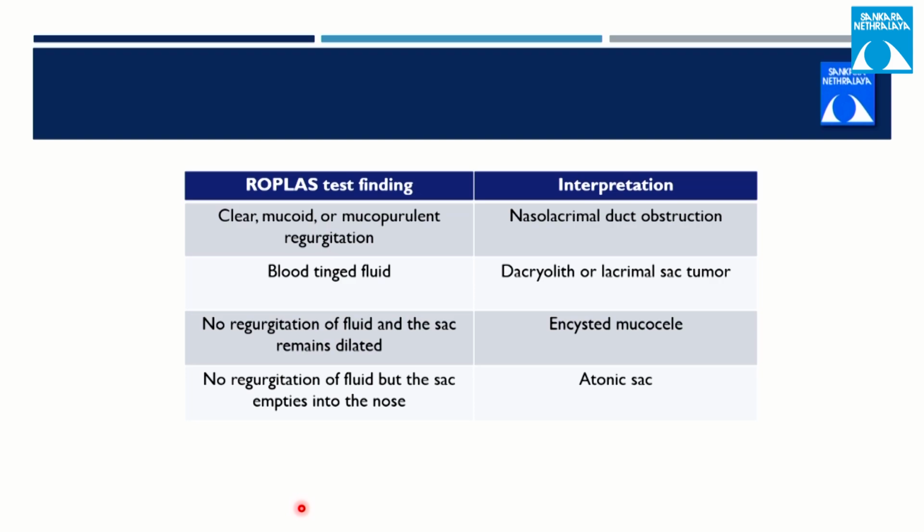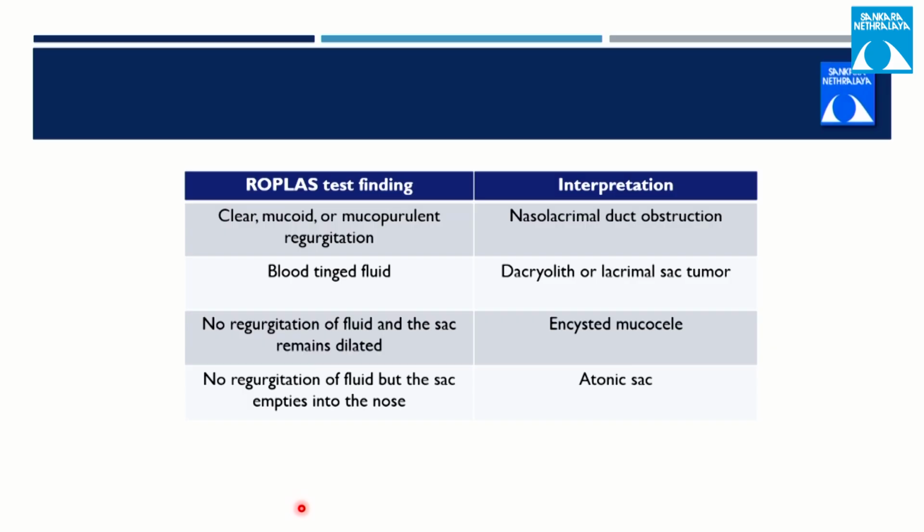But if we get a regurgitation of a blood-tinged fluid, it could be due to any tumor or any dacryolith. If there is no regurgitation of the fluid and the sac still remains dilated, it could be an encysted mucocele. Or if there is no regurgitation, but the sac empties into the nose, it could be because of an atonic sac. So what is an encysted mucocele and why is there no regurgitation?